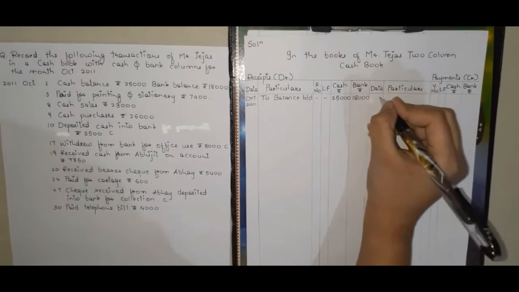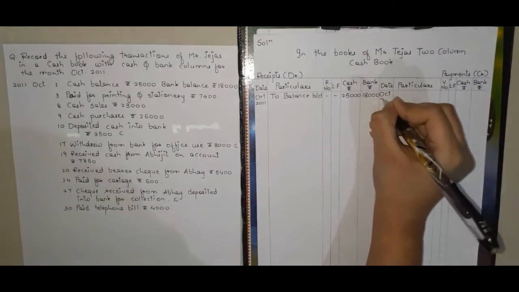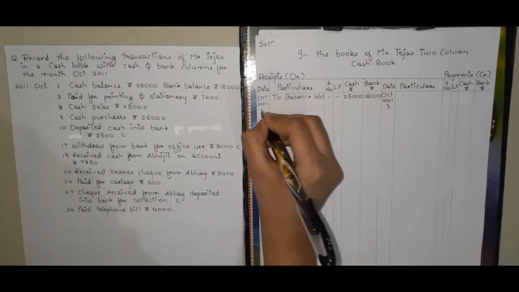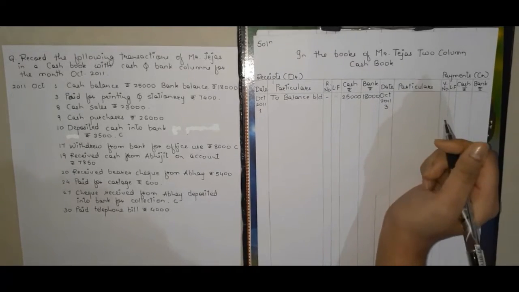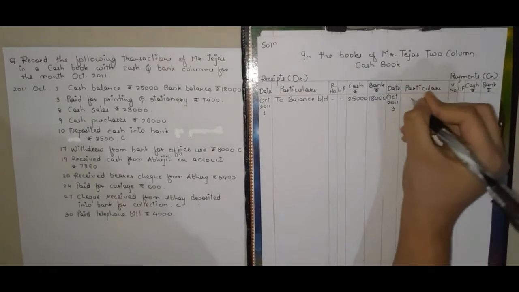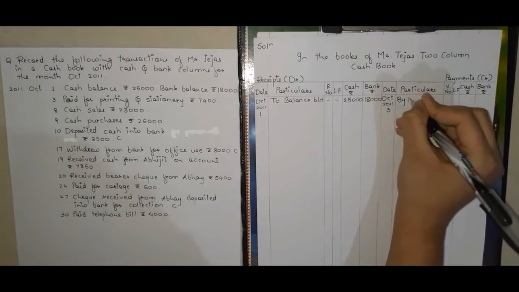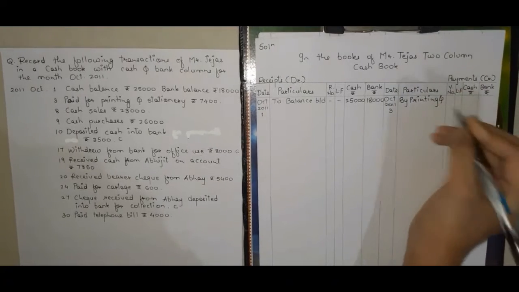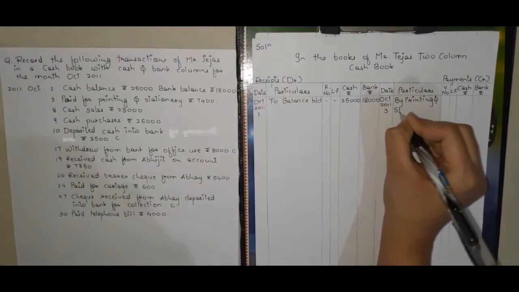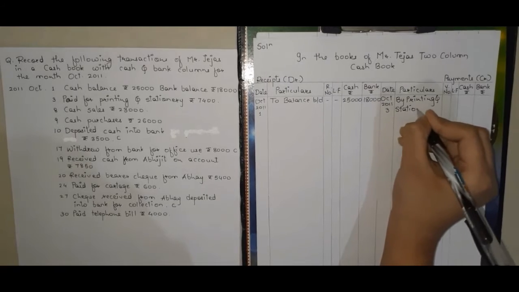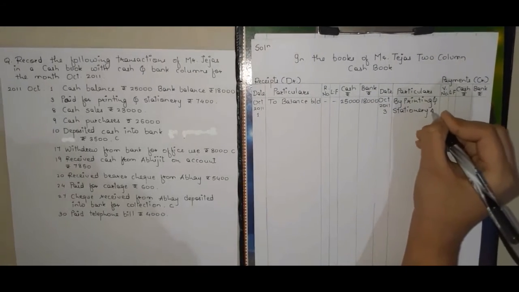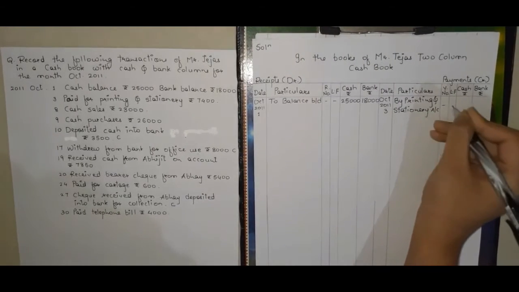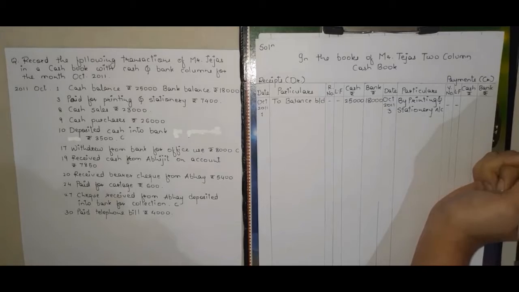On October 3rd, here this is the first transaction, this is the third transaction. Since we are paying for printing and stationery, we are going to write it as printing and stationery account. No voucher number, no ledger folio number, so we will write a dash.